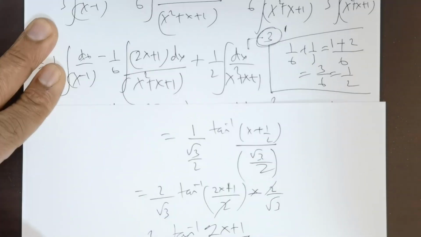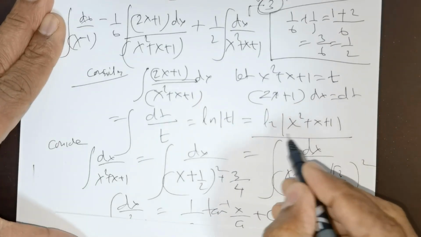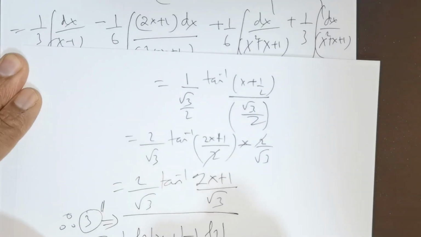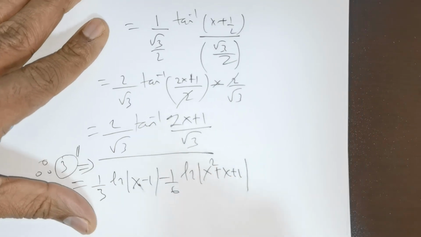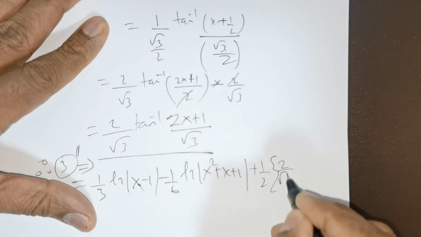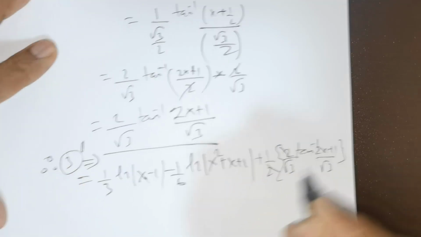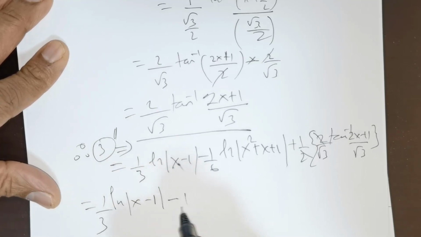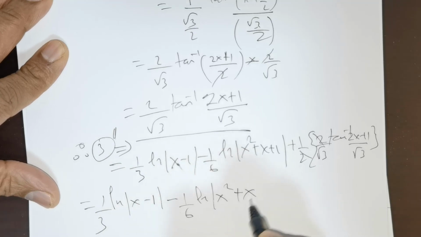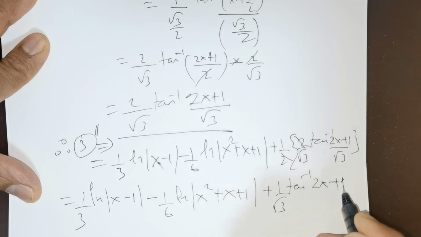So this is the quantity, followed by negative 1 over 6 times this quantity, which is ln modulus of x² + x + 1, and this quantity is going to be this: positive 1 over 2 times 2 over root 3 tan inverse of (2x + 1) divided by root 3. The 2 gets cancelled. So if I were to rewrite this, it is 1 over 3 ln modulus x - 1, negative 1 over 6 ln modulus x² + x + 1, plus 1 over root 3 tan inverse of (2x + 1) divided by root 3.